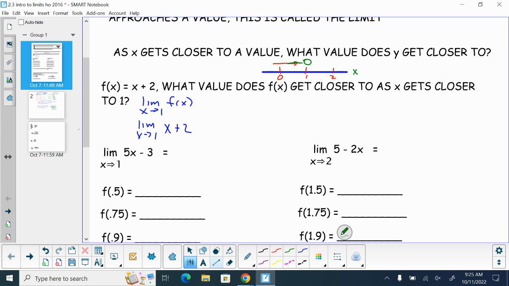When we were graphing inequalities with just less than or greater than, we put an open dot there because we're never equal to. We get closer and closer to the value of 1, but we never equal it. That's why we have an open dot there.